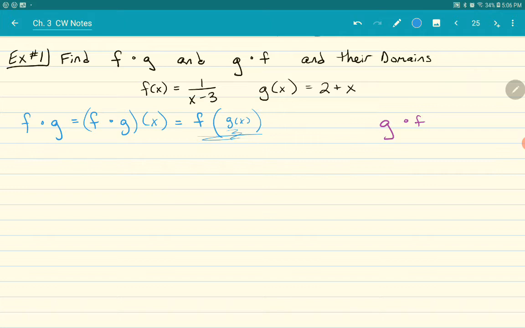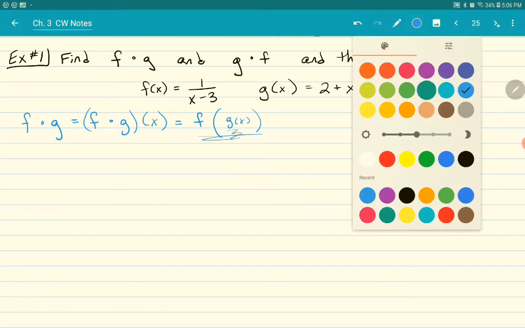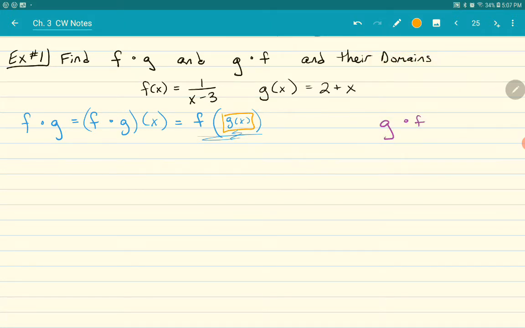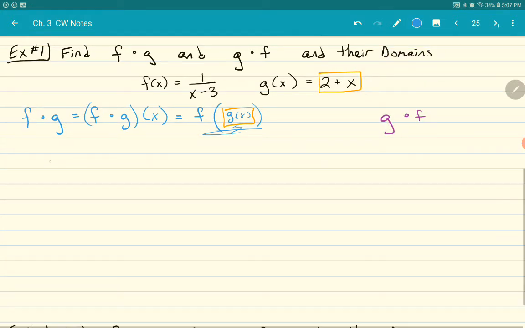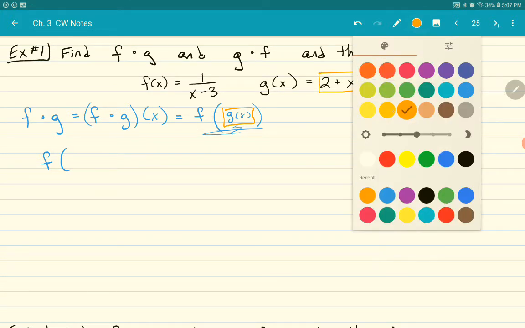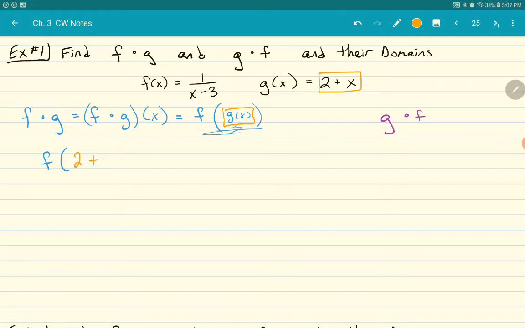G of x is the input that we're putting into f, so I'm going to highlight that in orange. What I'm really doing is finding f of 2 plus x, replacing g of x with what g of x is, which is 2 plus x. So my input is 2 plus x.